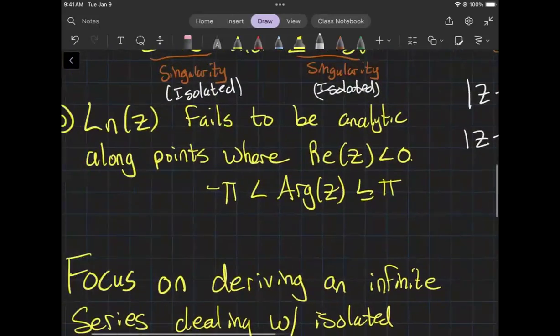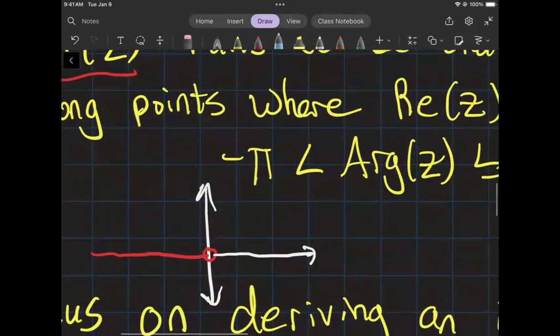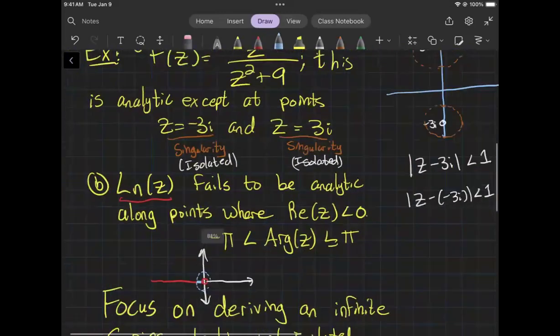However, on the principal logarithm function, the singularities there are not isolated. We're looking at points where the negative real axis and 0 are not included, and everywhere else is analytic, right? So if we draw a punctured disk, let's say at 0, we're going to include more points that are singularities, primarily these points in here, right?